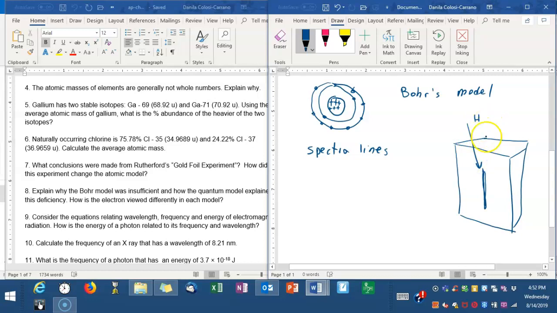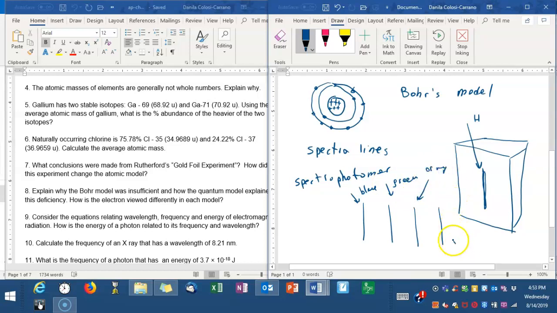If it is shining hydrogen, you see the light emitted, and if you have a spectrophotometer, you will see colors of discrete. So you will see, for example, blue, green, orange, red.